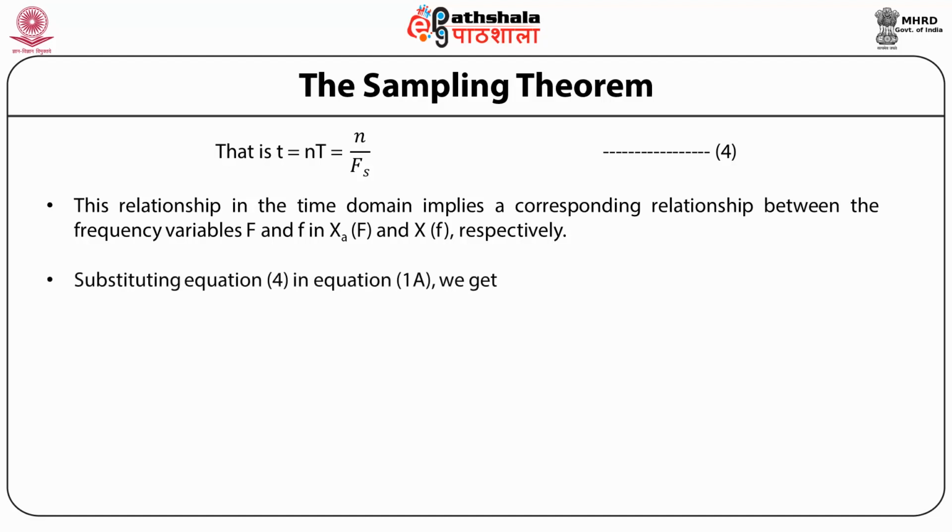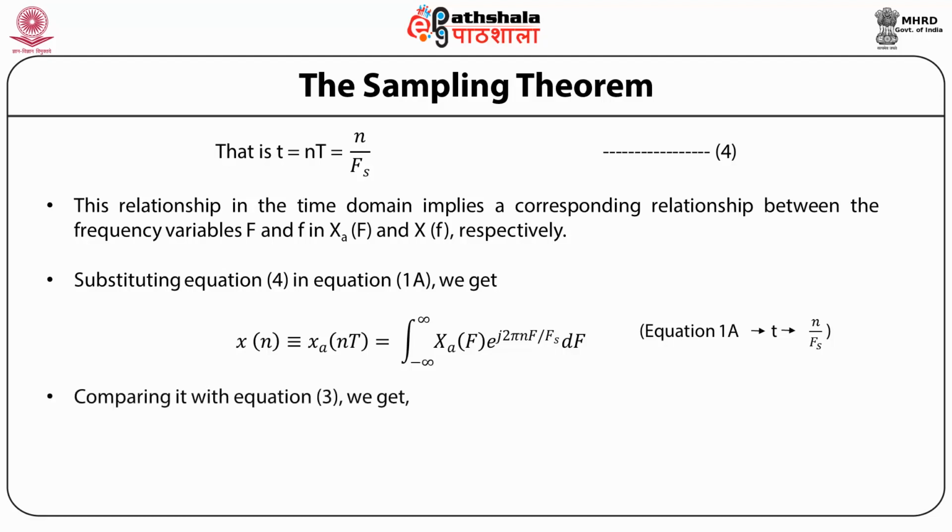So substituting this equation 4 in equation 1a, we get x(n) equal to x_a(nT) equal to integral minus infinity to infinity X_a(F) multiplied by exponential j 2 pi n F by Fs dF.